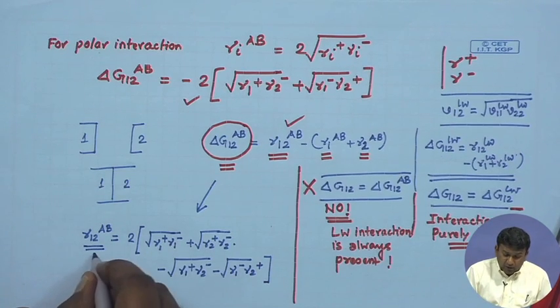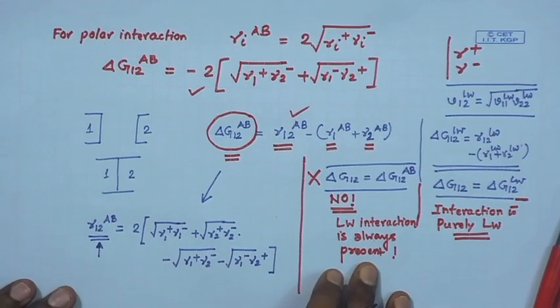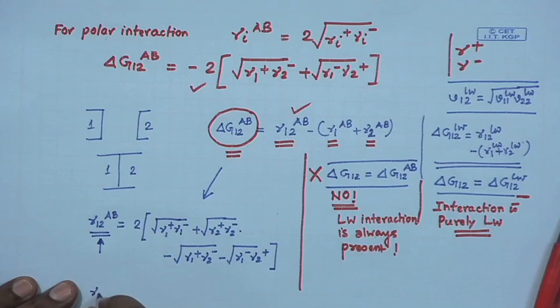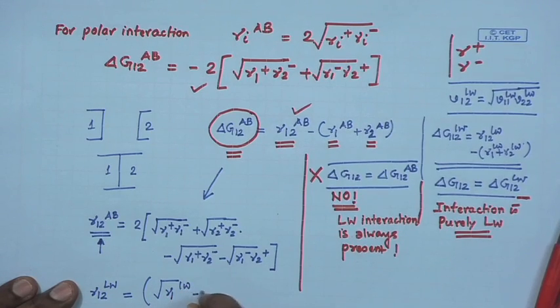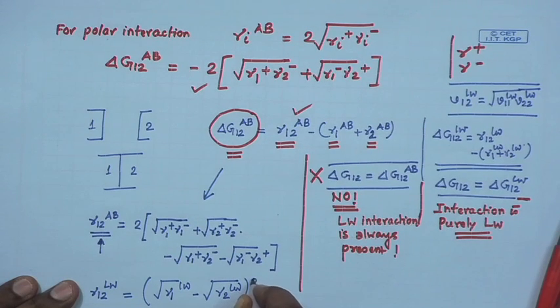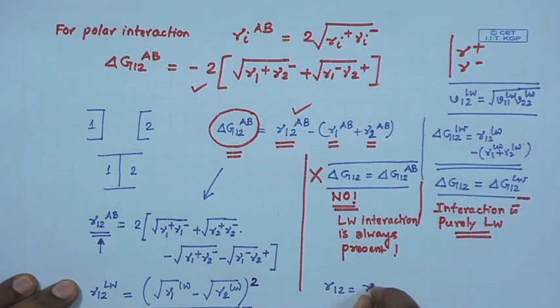This is the polar component of interfacial tension. I will just write, in order to compare the expression of the van der Waals component of interfacial tension, because ultimately your gamma 12 is going to be gamma 12 LW plus gamma 12 AB.